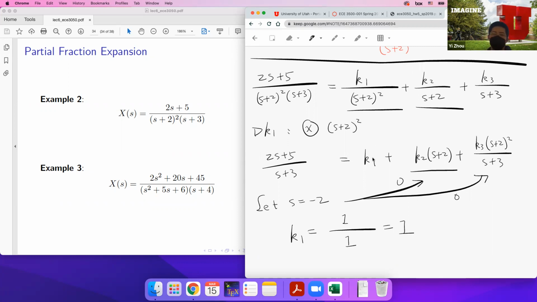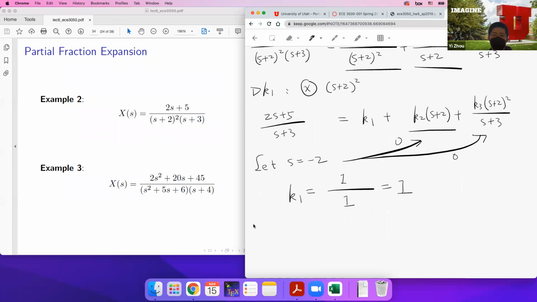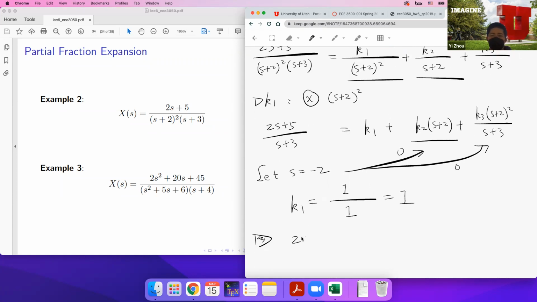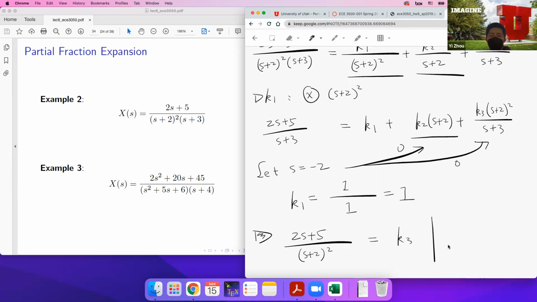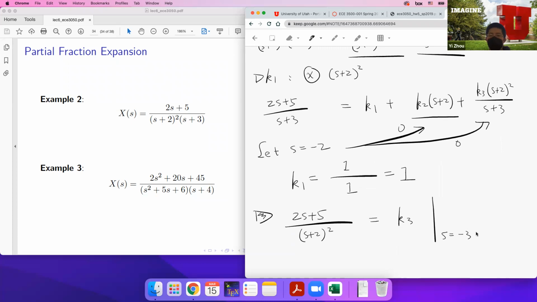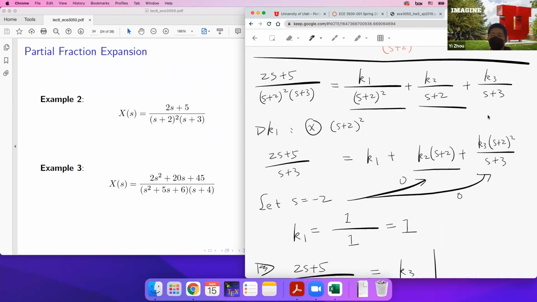Yeah, let me figure out k3 first. For k3, we can do this quickly: multiply by s+3, and evaluate at s equals -3, the root of this one.